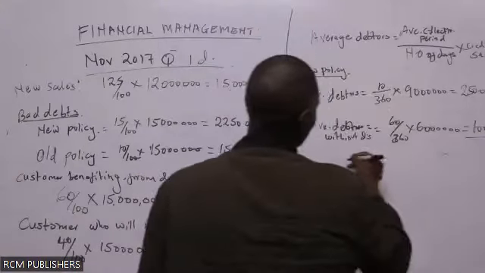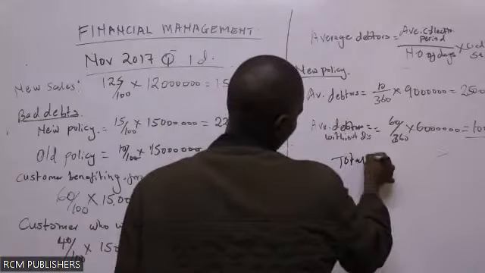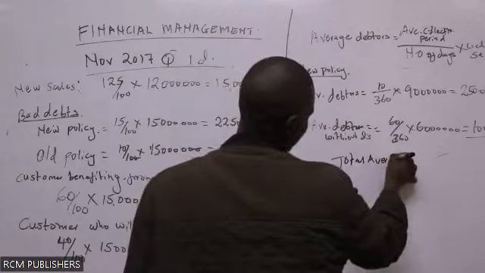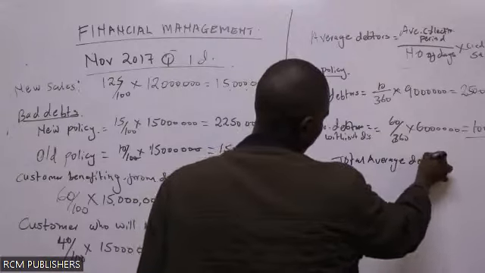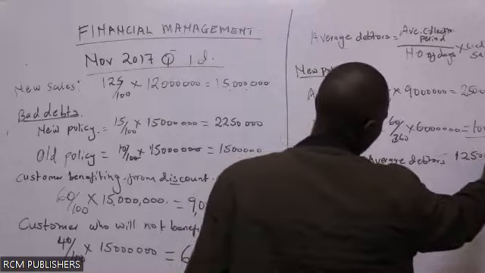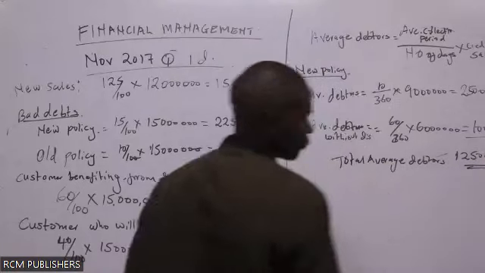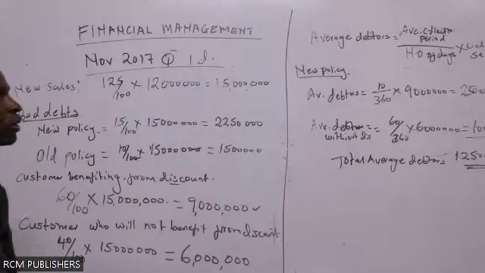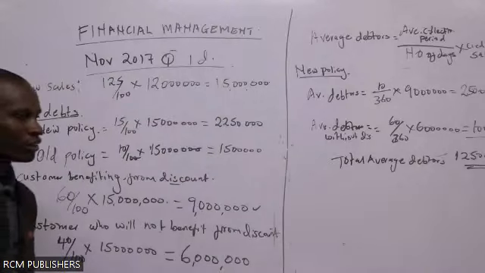The total average data will be 1,250,000. That is for the new policy.